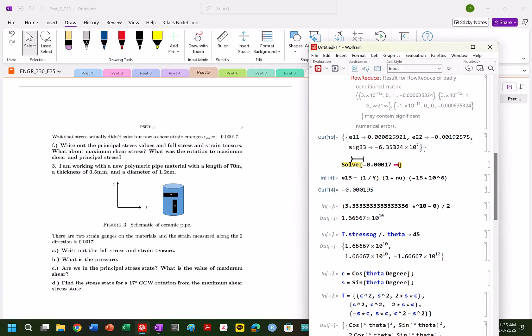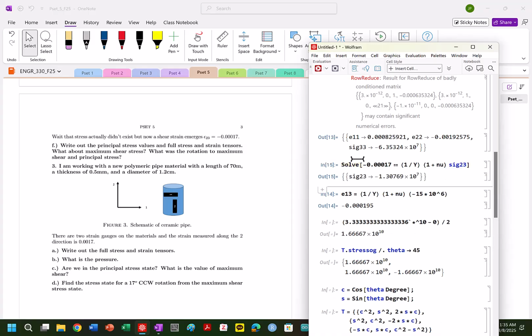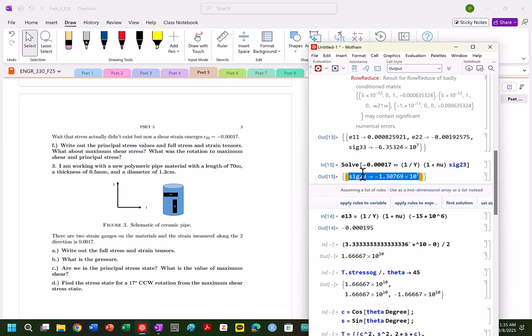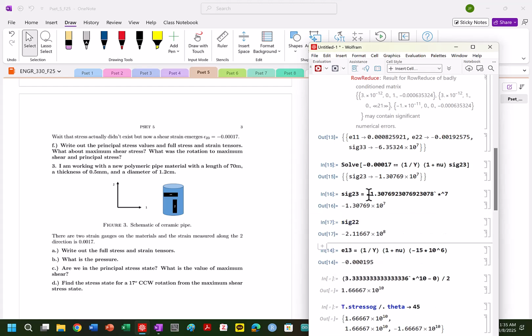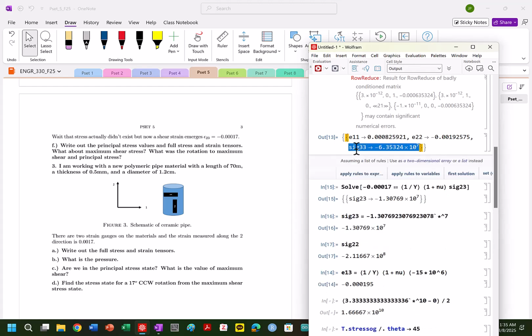Set this equal to 1 divided by Y times 1 plus nu times sig 2,3. So sig 2,3 is now equal to this. Sig 2,2 equals this. And then we found that sig 3,3 is equal to this.